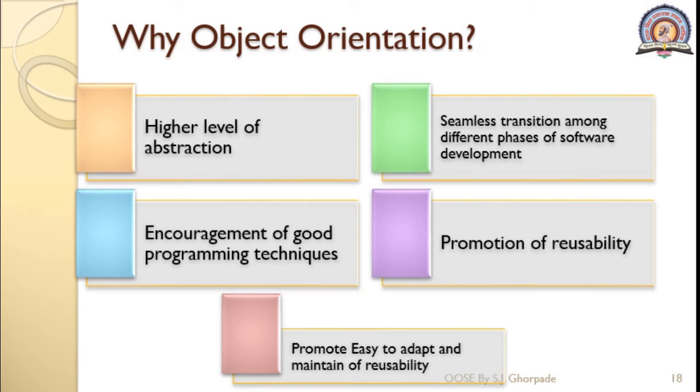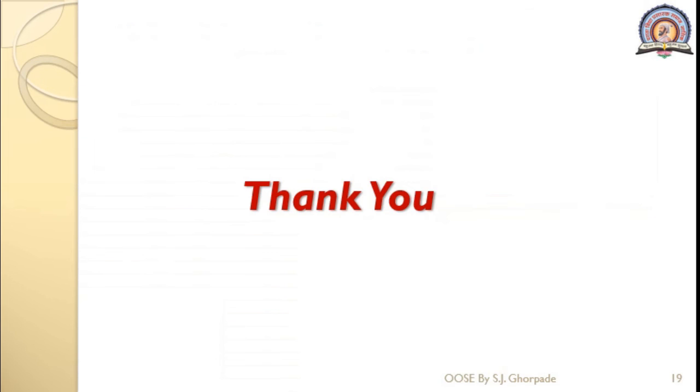Then encouragement of good programming techniques with object orientation. Promotion of reusability through inheritance, and promotion of easy adaptation and maintenance. Meaning changes can be easily adapted and we can maintain the system through the reusability feature. So these are the important aspects. That's why object orientation has become so popular in the design of software systems.